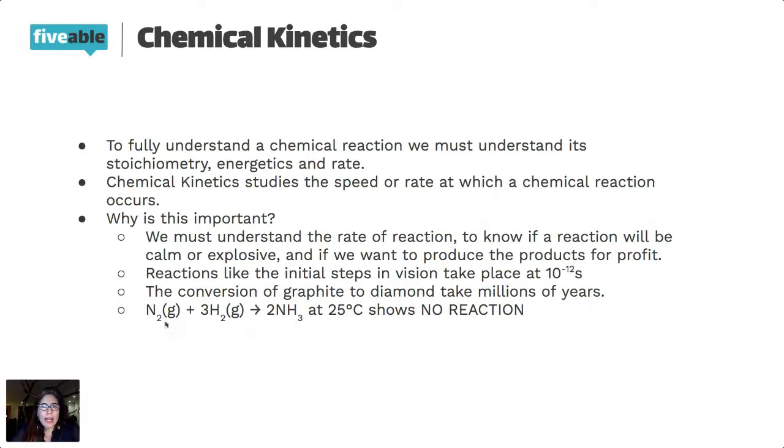For example, a reaction that is used in industry to produce ammonia for fertilizers at 25 degrees shows no reaction, even though this is a reaction that is used for profit and worldwide in many industries. So if we understand the rate of reaction, then we can actually make a profit and benefit from the reactions.